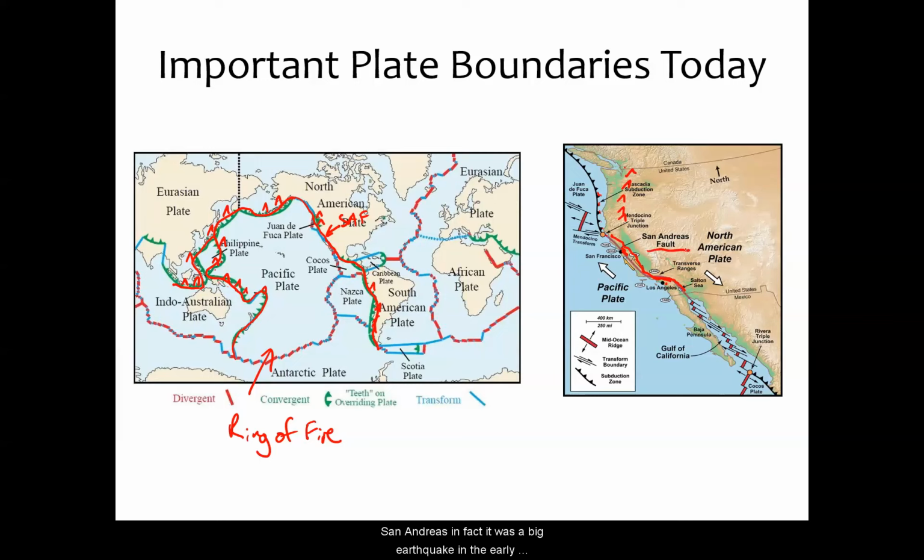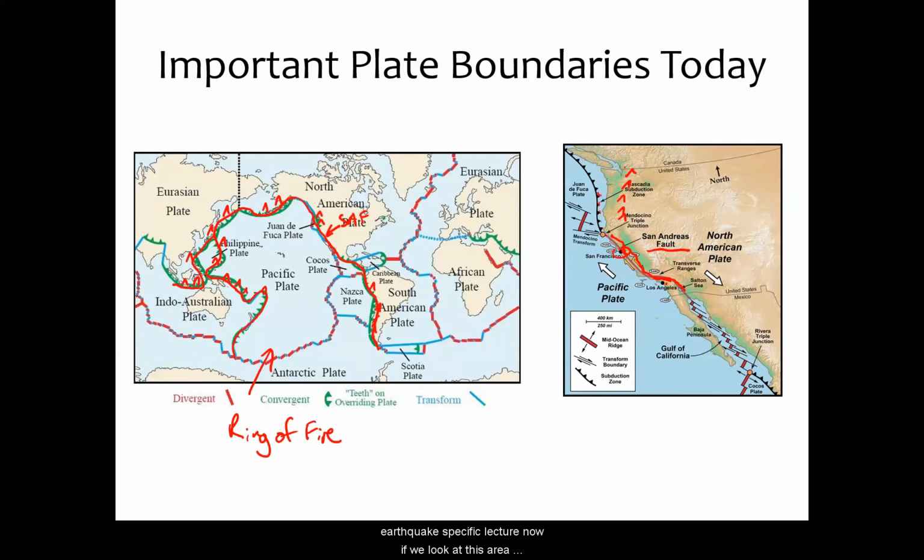In fact, it was a big earthquake in the early 1900s that destroyed about a third of San Francisco and led to us rebuilding San Francisco how we did, and led to us understanding a lot more about earthquakes and their hazards. So we'll talk more about that when we get to the earthquake-specific lecture.